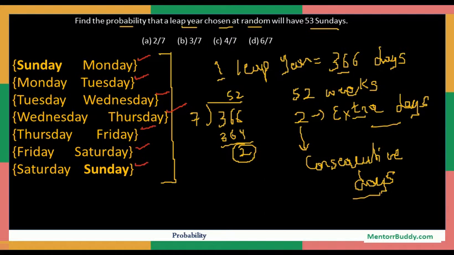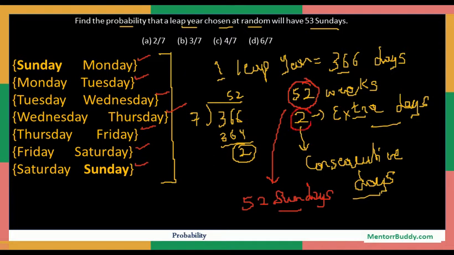Now the question says we require 53 Sundays. In the first 52 weeks, there are definitely going to be 52 Sundays, right? So there are already 52 Sundays, and the remaining 2 extra days must include one more Sunday in order to make the total number of Sundays 53. So the Monday Tuesday case is not going to satisfy the condition.